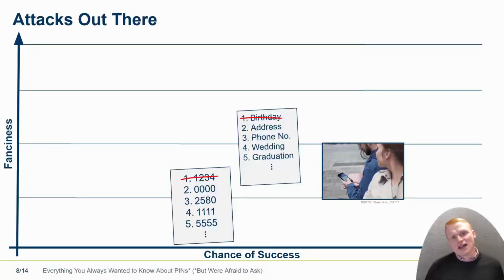So actually an attack with a pretty high success rate, because here we have one of the drawbacks that pins are not very complex knowledge-based authenticators, unlike passwords, for example. So not very fancy, so we could all do that, but it's also very successful. But let's get fancy.